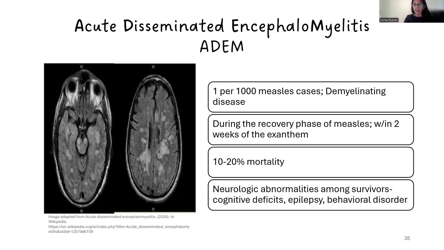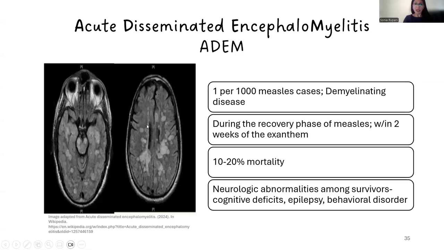Mortality is 10 to 20%, and these patients will come in with signs of meningeal irritation: high fever, nausea, vomiting, photophobia, stiff neck, and they will also have ataxia and choreoathetosis. They may have signs of myelitis, so paraplegia, quadriplegia, and patients who survive ADEM can have cognitive deficits, epilepsy, and behavioral disorder.